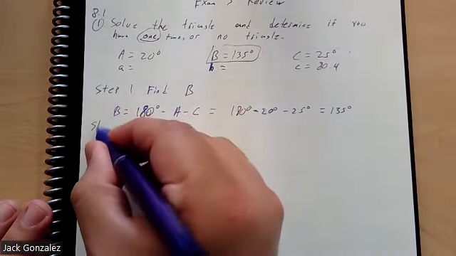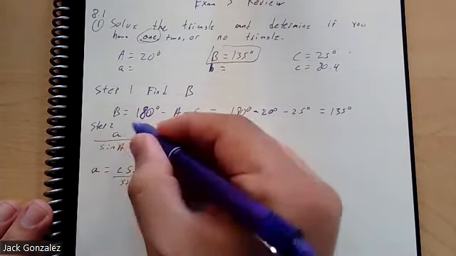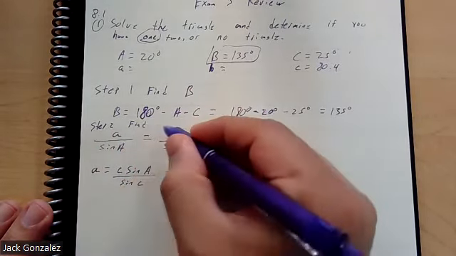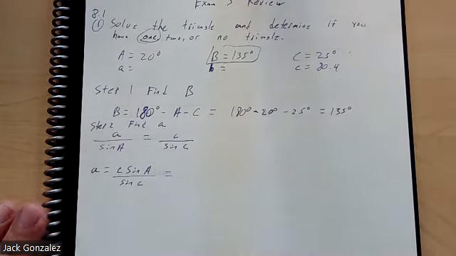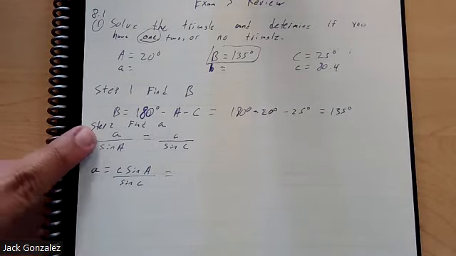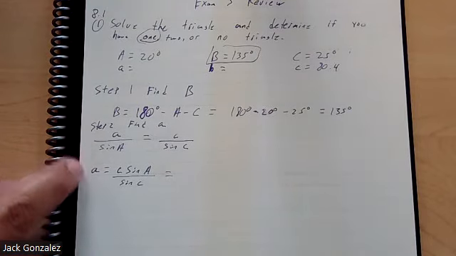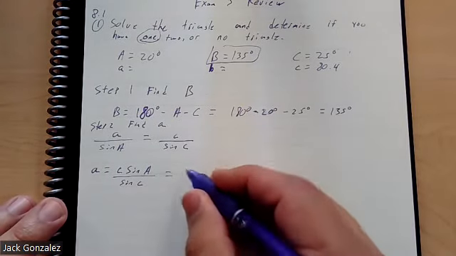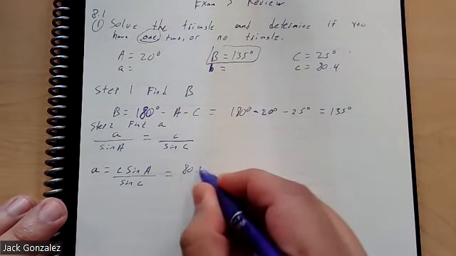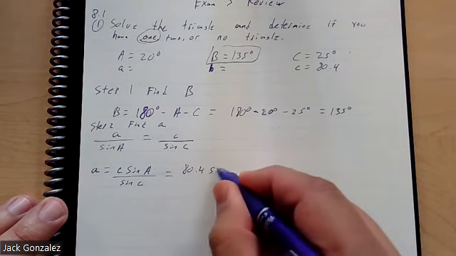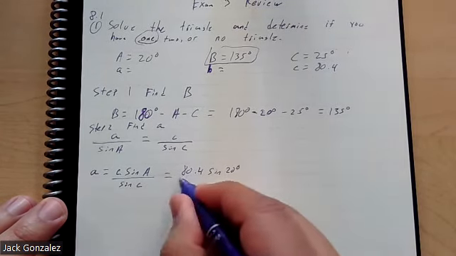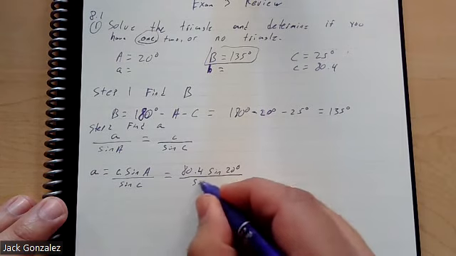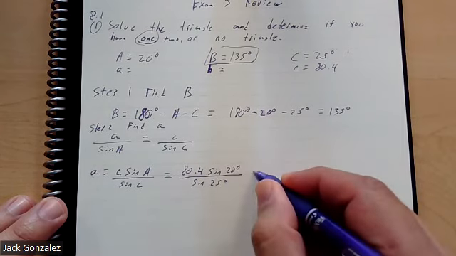This is step 2. Find A. I skipped one step from here to here. Is that okay? All right. So at that point, just plug stuff in. 80.4 sine of 20 over sine 25. What is that going to be?